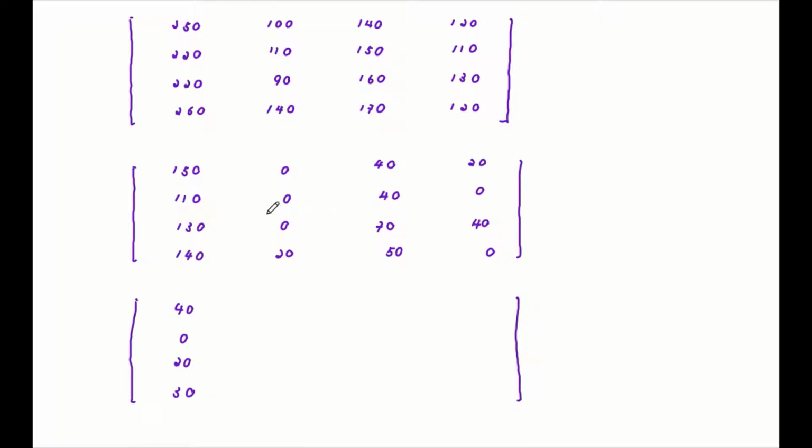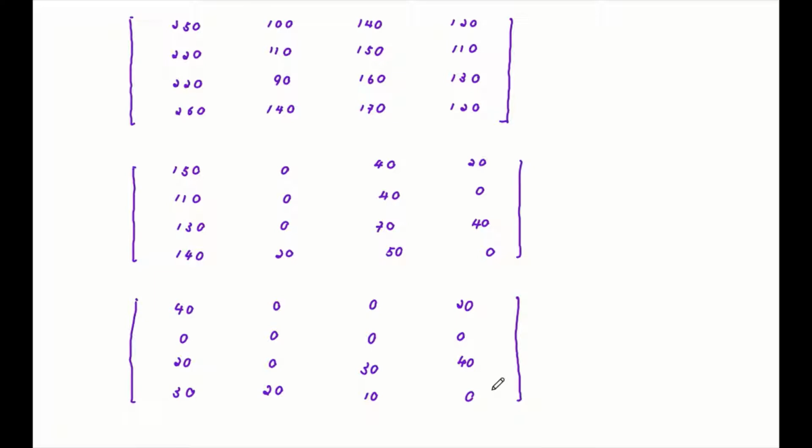The smallest number in your second column is already 0, so 0, 0, 0, 20. Because 20 minus 0, you are going to get 20 as well, right? So 40, 40, 70, 50, smallest number is 40. So 0, 0, 30, and 50 minus 40, that's 10. Right, so for the last column, the smallest number is 0. So everything minus 0, you get back the original number.